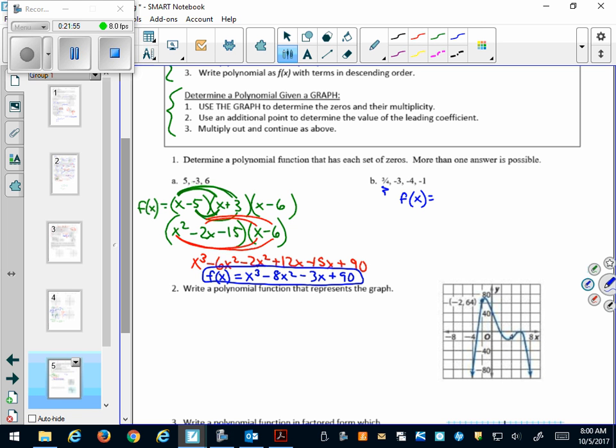What did that original factor look like? So this is going to be 4x minus 3. And then we'll have x plus 3, x plus 4, and x plus 1.